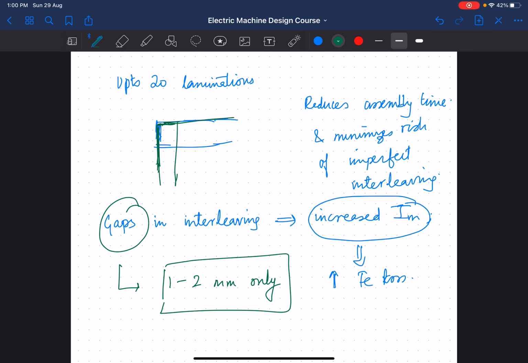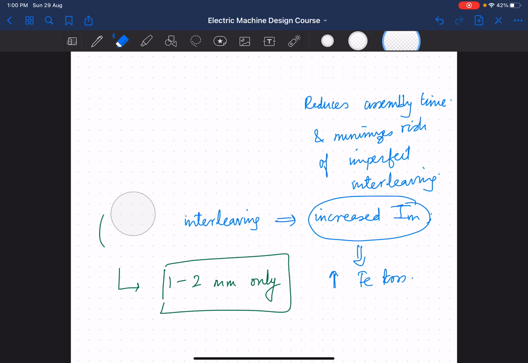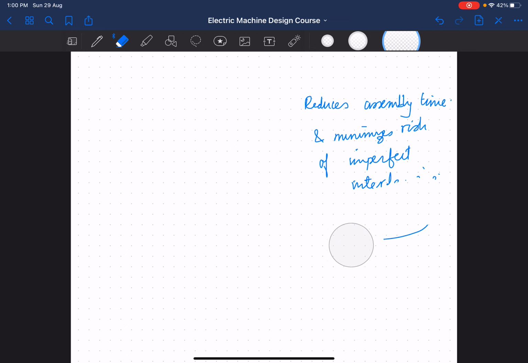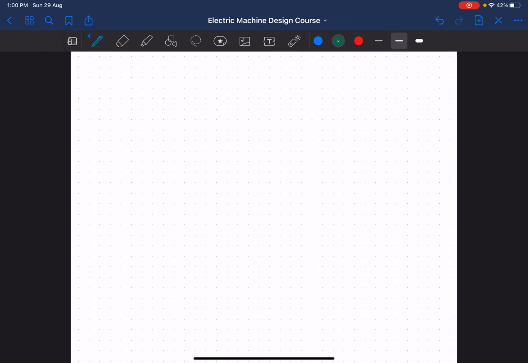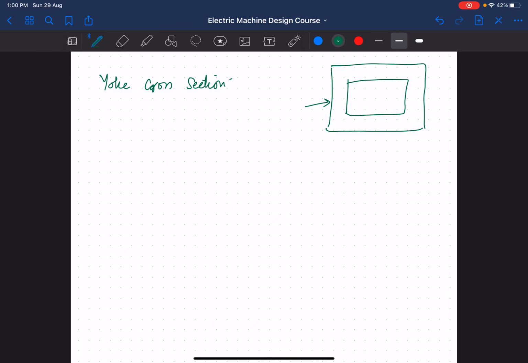Okay, next we move to yoke construction. And if you remember correctly, when we talk about cores, the left hand side and right hand side are the limbs, and the top and bottom parts are the yokes, right?